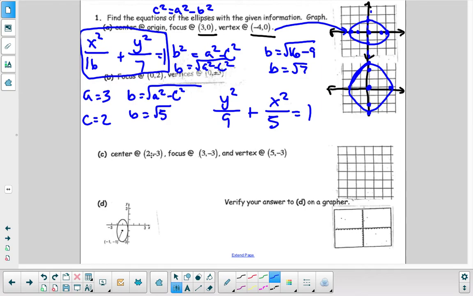All right, the center's at 2, negative 3. Focus is at 3, negative 3. Vertex is 5, negative 3. I'm going to just put that all on there and we'll go from there. I'm going to scale by 2. I'm going to cheat a little bit because I know stuff. I think it'll be okay.